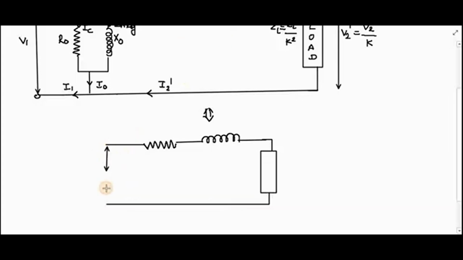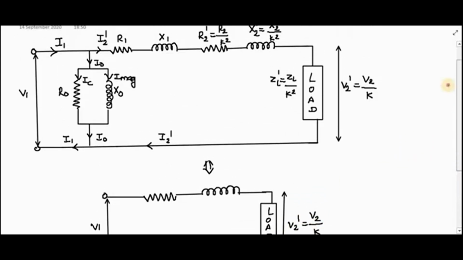This is the voltage applied across the primary winding, V1. This is your load. The voltage across your load is nothing but V2 dash, which is V2 by K again.